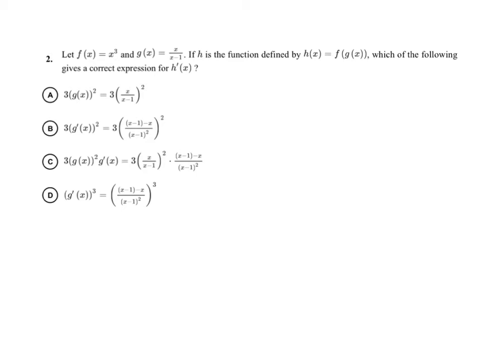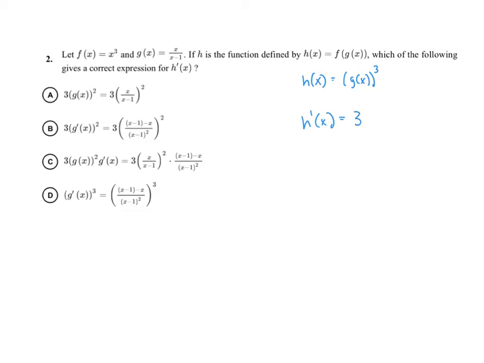Since f is x cubed, another way to write h would be g of x, cubed. If you took the derivative of that, you can tell because the left-hand side is only in terms of g, so it's not in terms of f. So that's what this is.